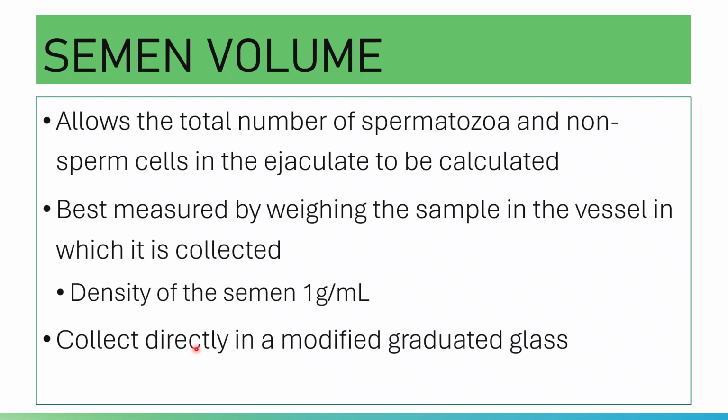Alternatively, you can measure the volume directly. How? You collect the sample directly into a modified graduated glass cylinder with a wide mouth. Please note, it is graduated; there are graduations.